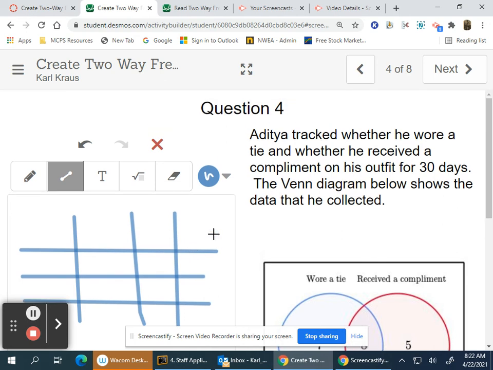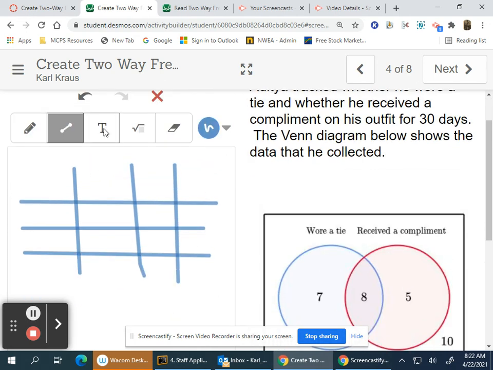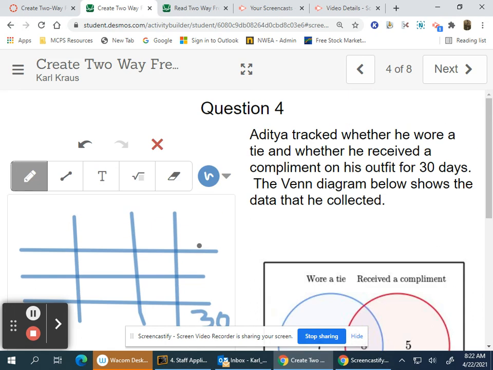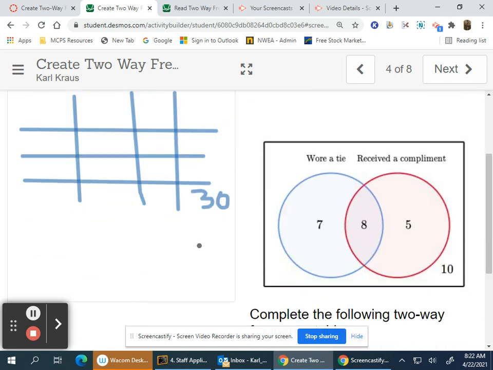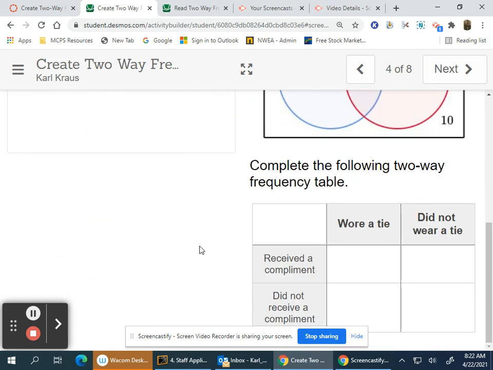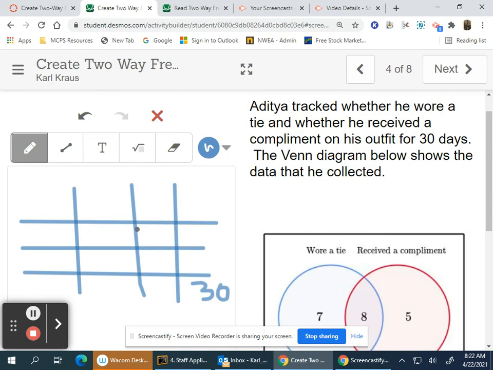So the total down here is 30. So wear a tie, did not wear a tie.